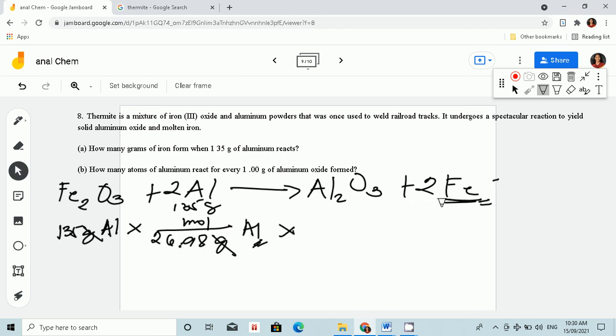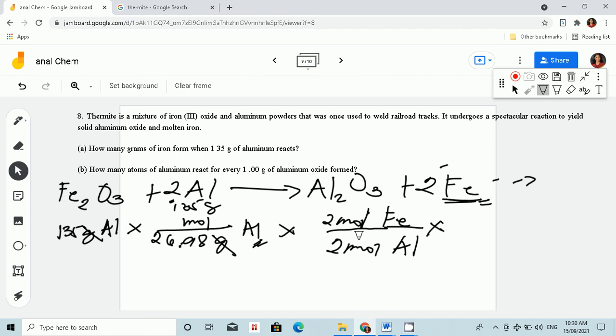We are asked for grams, so we will use again the atomic mass. The atomic mass of Fe is 55.85 grams per mole. We can cancel mole, and we are left with 55.85 grams.